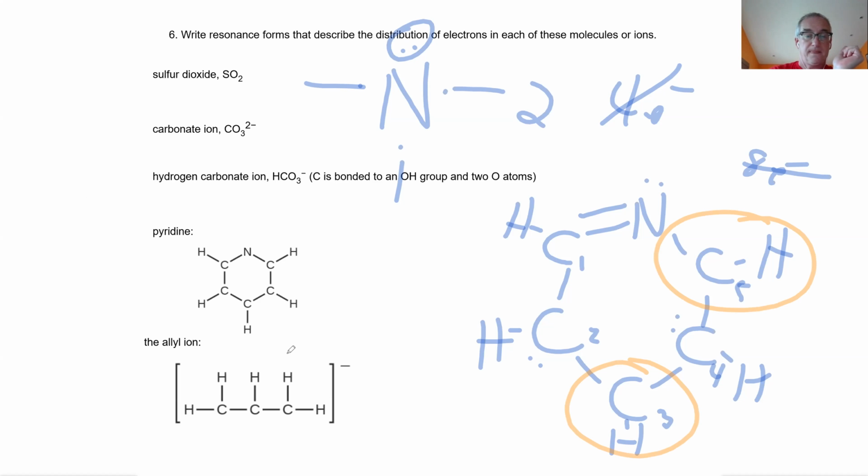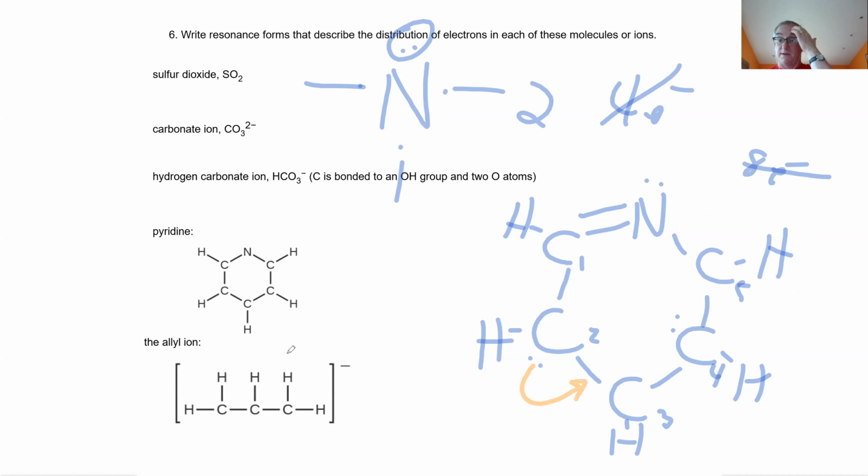Move the lone pair on carbon 2 to make a bond with carbon 3. So move these to 3 to make a double bond. Okay. And then what about carbon 5?